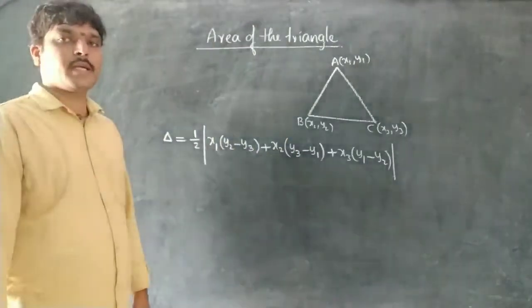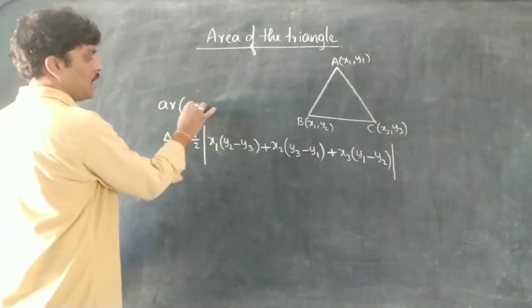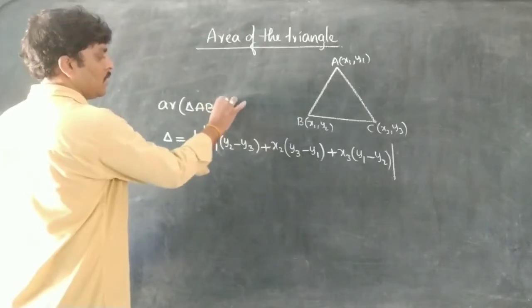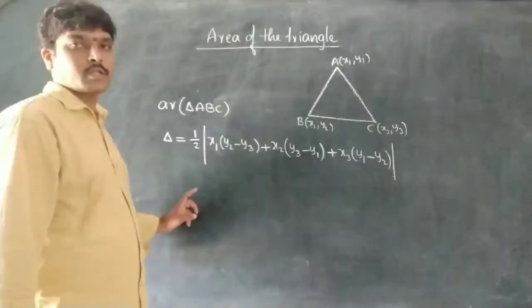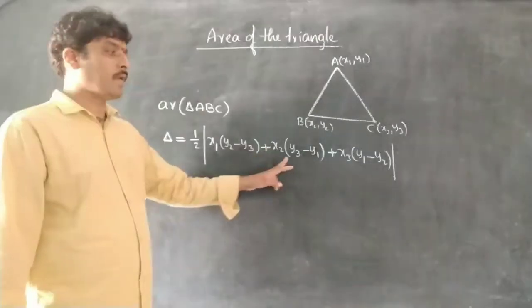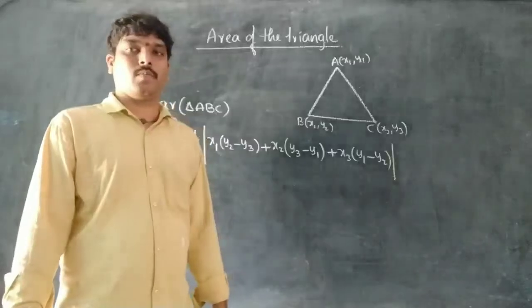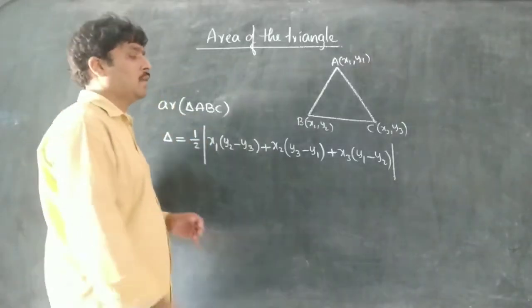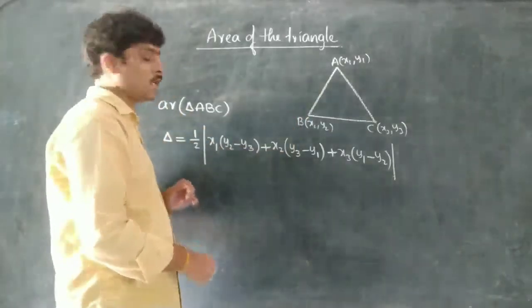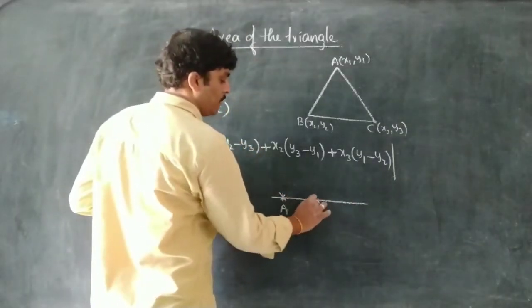Area of triangle ABC is equal to half modulus x1 (y2 minus y3) plus x2 (y3 minus y1) plus x3 (y1 minus y2). Okay, when these three points are non-collinear. If they are collinear, they lie on the same line.